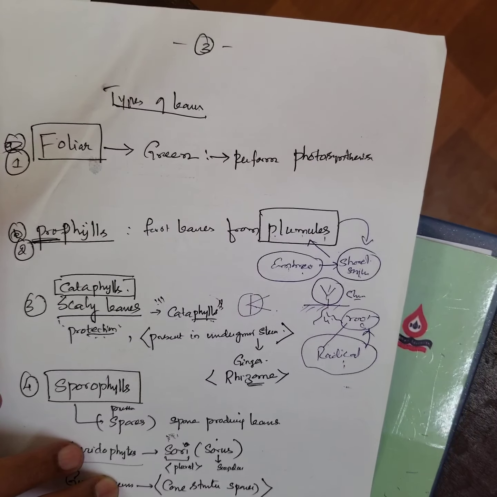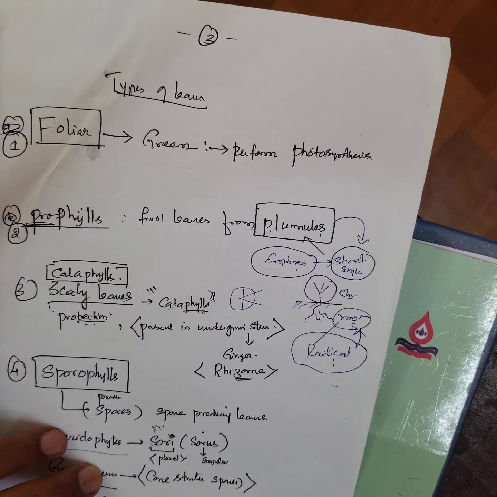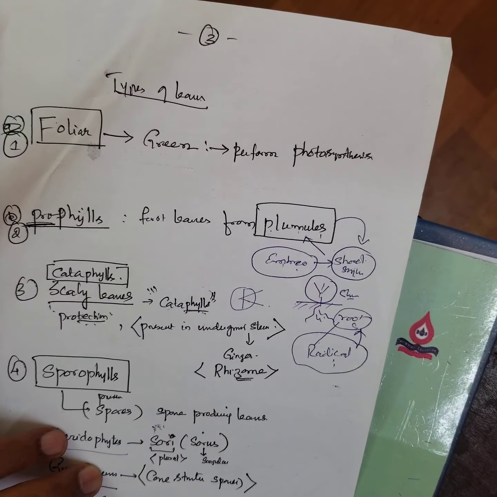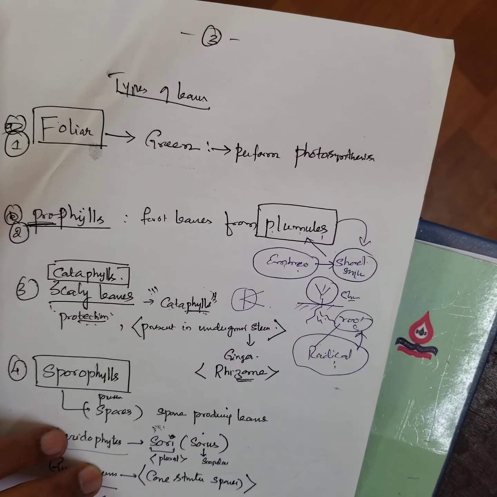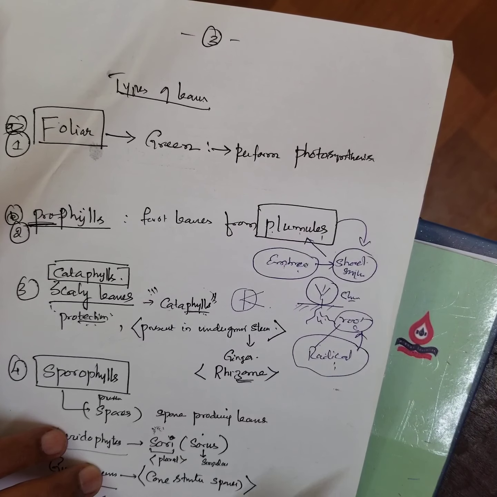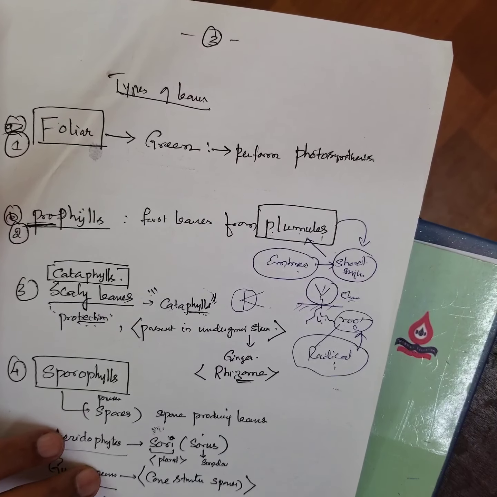Stamen or microsporophyll. Microsporophyll. They look like small leaves, right? Microsporophylls.